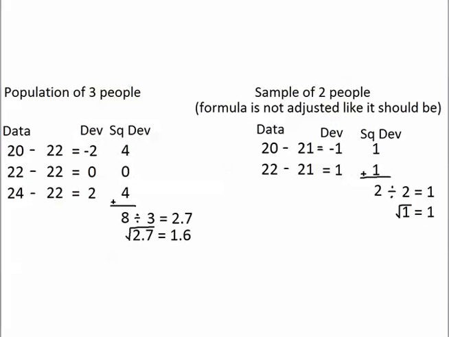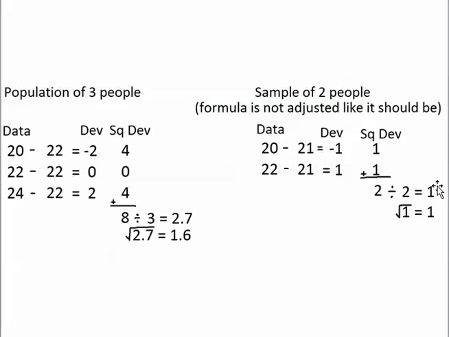So let's look at this demonstration right here. Here we have a population of 3 people, and now over here I've selected 2 out of the 3, these 2 people, to be a sample of the population. Here I calculated the variance and standard deviation of the entire population. They came out to 2.7 and 1.6. Here I did the same thing with the sample.